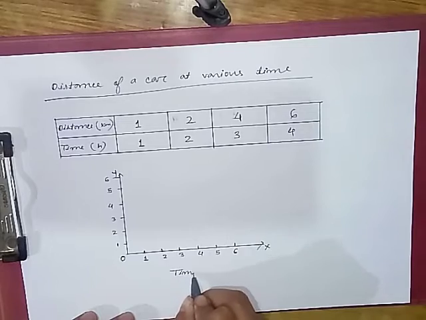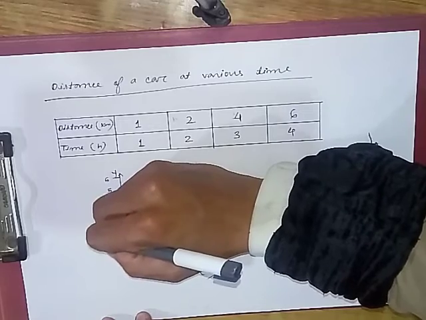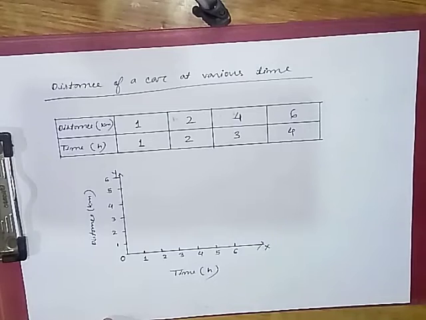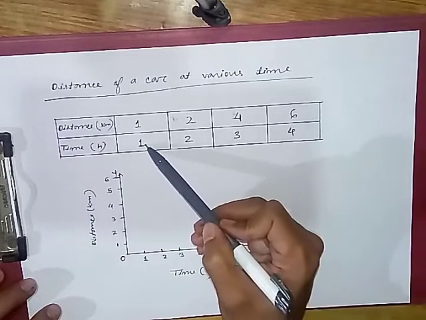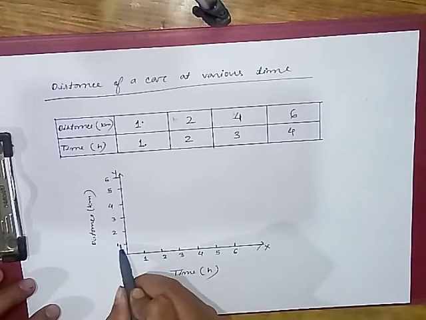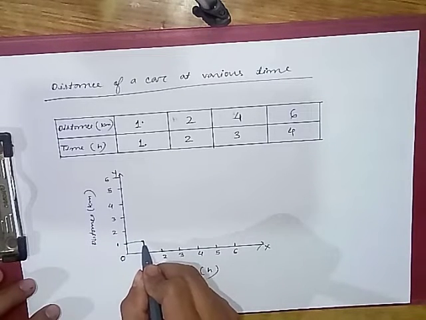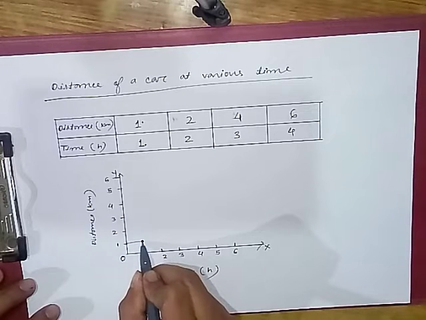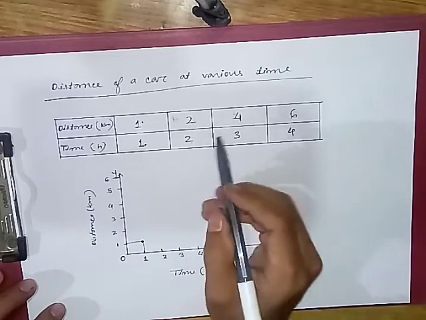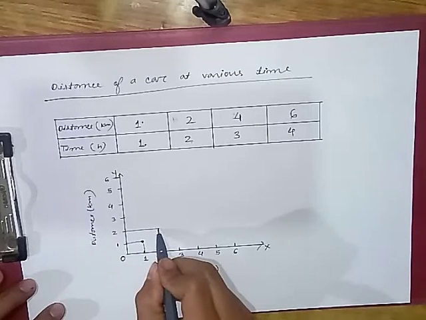This indicates time in hour and this indicates what? Distance in kilometer. Now in 1 hour 1 kilometer, so here it intersects, so we draw the point here. In 2 hour 2 kilometer, so here it intersects.